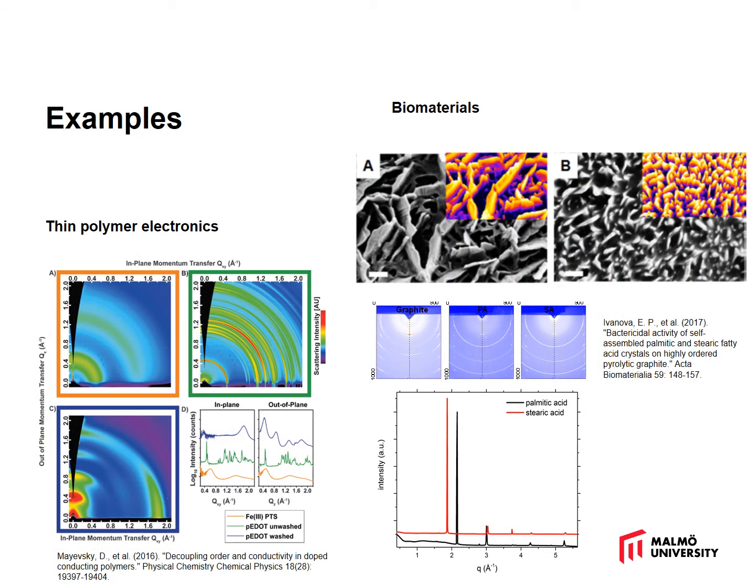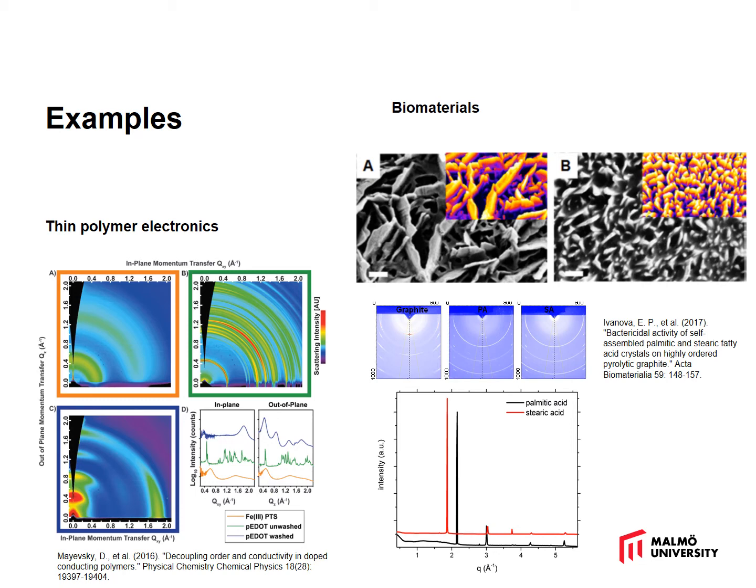So, two more examples. The third example is from the polymer electronics field, and in this case, they were looking at how polymers ordered themselves in thin films and how this was related to conductivity. In the fourth example, the group was looking at the morphology of waxes which crystallized on surfaces.